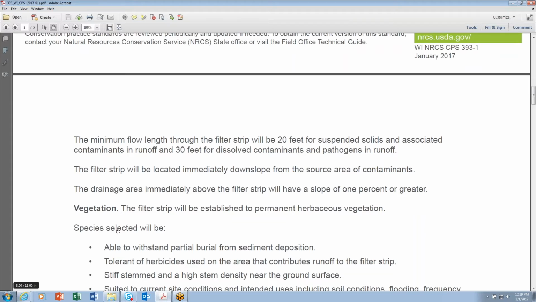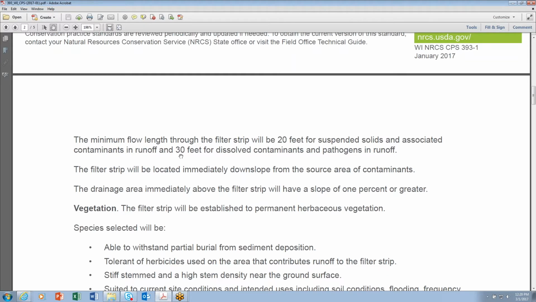This practice standard for Wisconsin, the absolute minimum flow width for the filter strip will be 20 feet for suspended solids, and that's just the soil, and that's if there is nothing on the uplands to contribute to other contaminants.